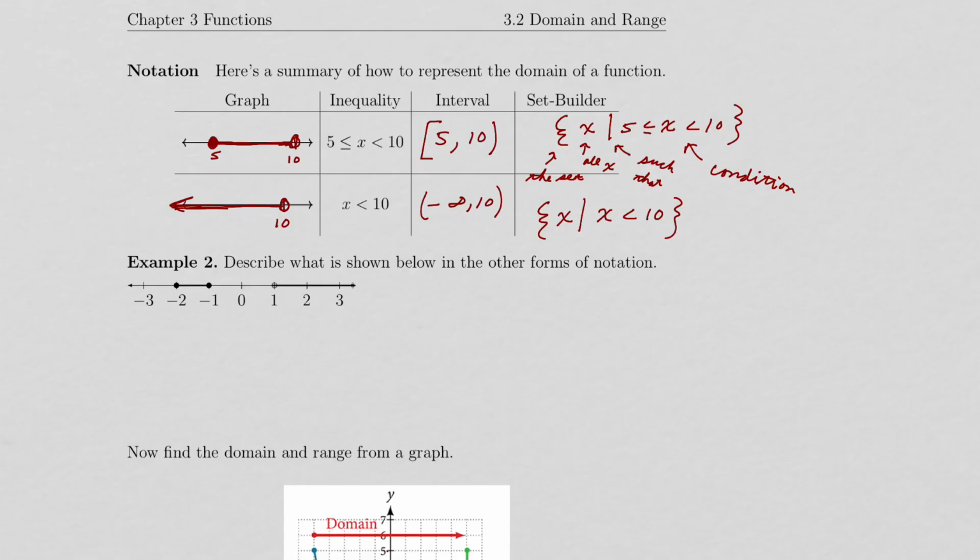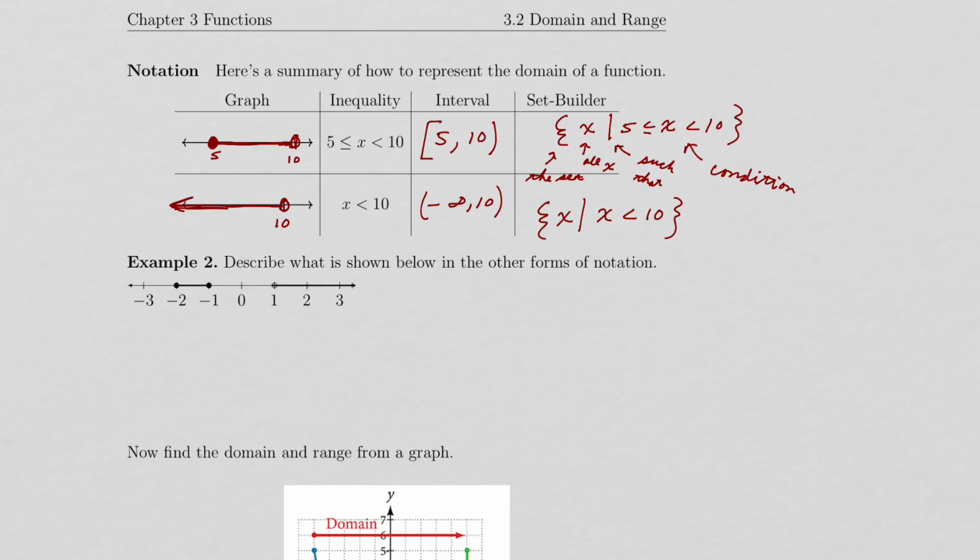Okay, question 2 or example 2. I'm given a graph, and I want to put that in interval notation and set builder. Well, let's just do interval notation and write it as an inequality.